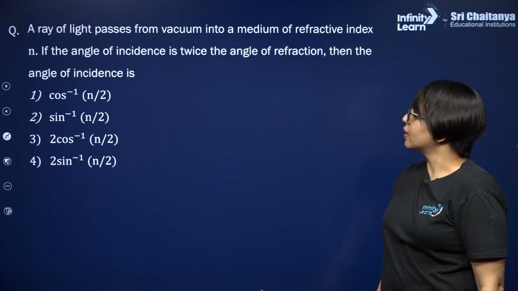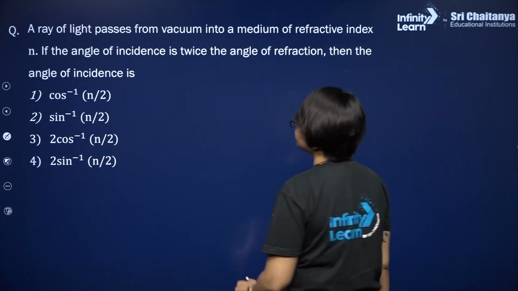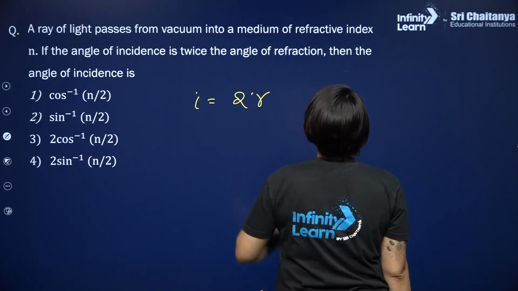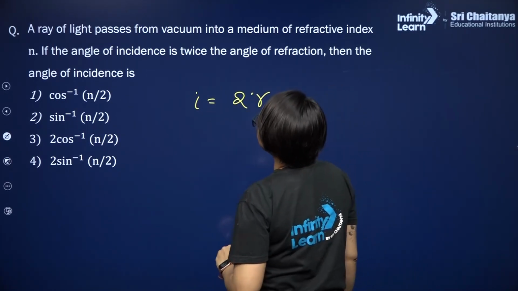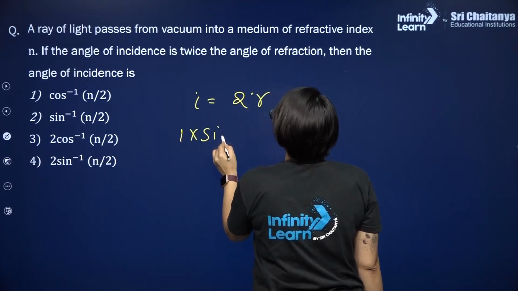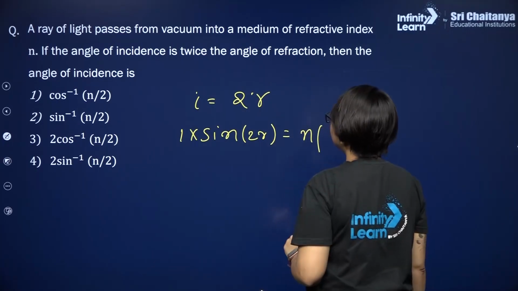Next is this one. A ray of light passes from vacuum into a medium of refractive index n. If the angle of incidence is twice that of the angle of refraction, then the angle of incidence is? So n1 sin i, where i is 2r, is equal to n2 sin r.